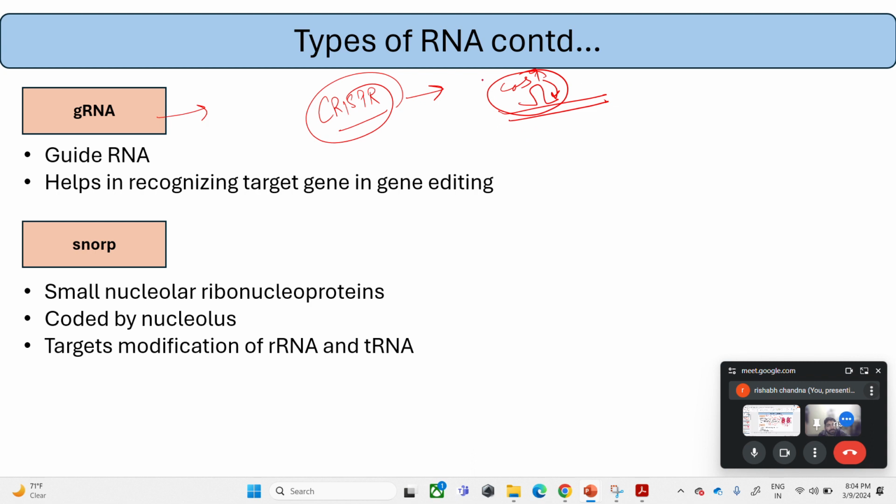So this is the particular thing that we see in gene editing and how guide RNA helps in the gene editing process. So this is also another kind of RNA that we have talked about.